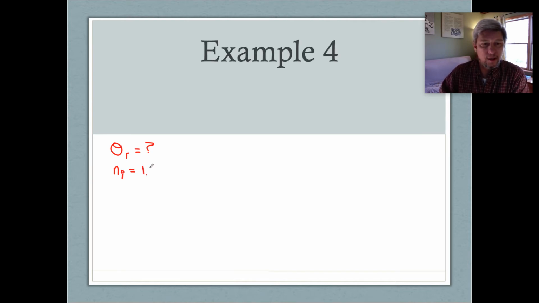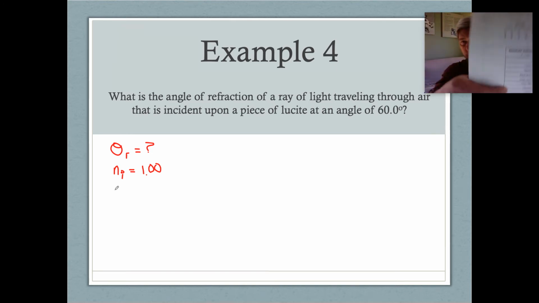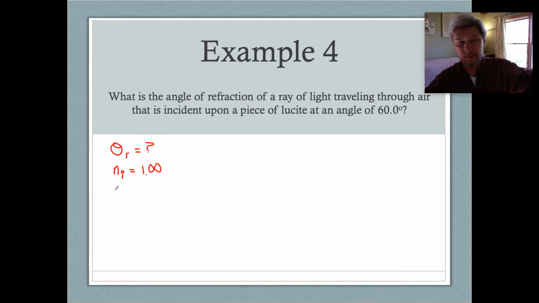If you look up the absolute index of refraction of air, you're going to find that it's 1, that's on your reference tables. Which is incident upon a piece of lucite. Now, the first thing you should do is go to your reference tables and find lucite on the table of indices of refraction. You'll find that the index of refraction is 1.50 for lucite.